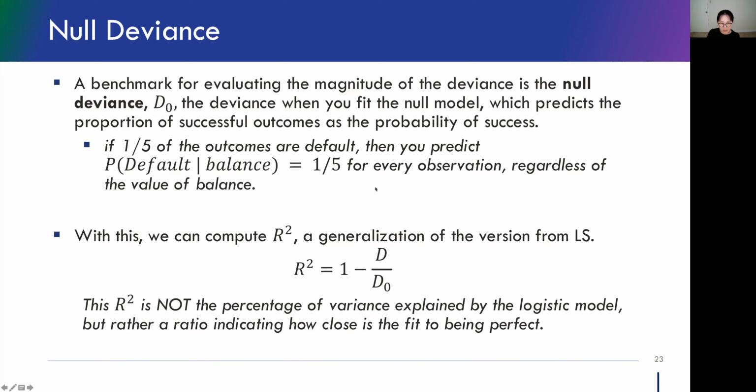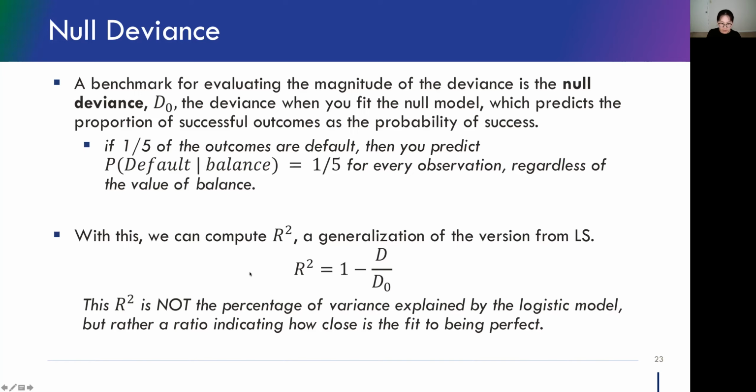With this, we can compute the corresponding R square, a generalized version of the R square from least squares. In logistic regression, R square is defined as 1 minus the deviance D of your fitted model over this null deviance.